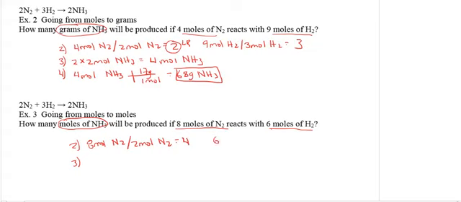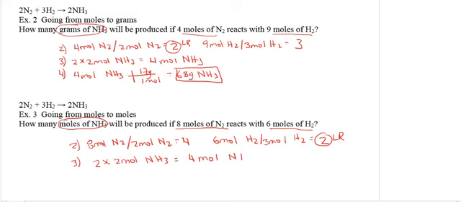Do the same thing for the hydrogen, 6 moles of H2. Divide by the coefficient, which is 3 moles of H2. That gives me a total of 2. Smaller, limiting reactant. Take that to step 3. 2 times the coefficient of what I'm looking for, 2 moles of NH3. Gives me a total of 4 moles of NH3, and I'm done because I'm just trying to go from moles to moles.